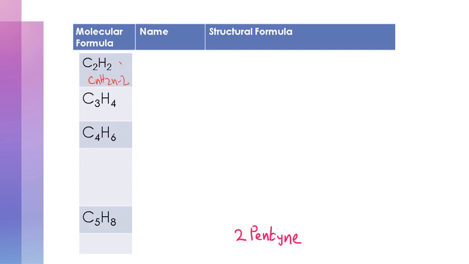So it is an alkyne, and the suffix is supposed to be yne. There are 2 carbon atoms, so the prefix is supposed to be eth, and the suffix is yne. How can we draw it? yne means alkyne, a triple bond. So C triple bond C, and the other fourth valency is satisfied by hydrogen.